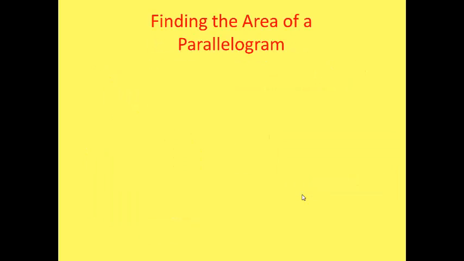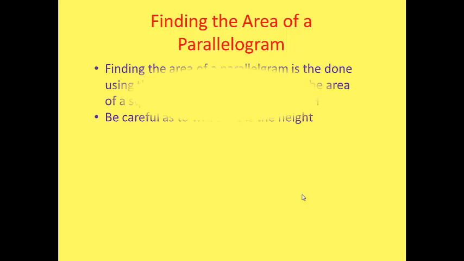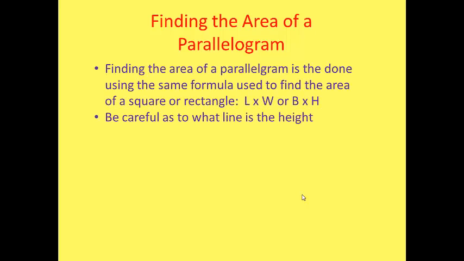Now let's look at finding the area of a parallelogram. Finding the area of a parallelogram is done using the same formula used to find the area of a square or rectangle, length times width, or base times height. But you need to make sure to be careful as to what line is considered to be the height. Here's a parallelogram.